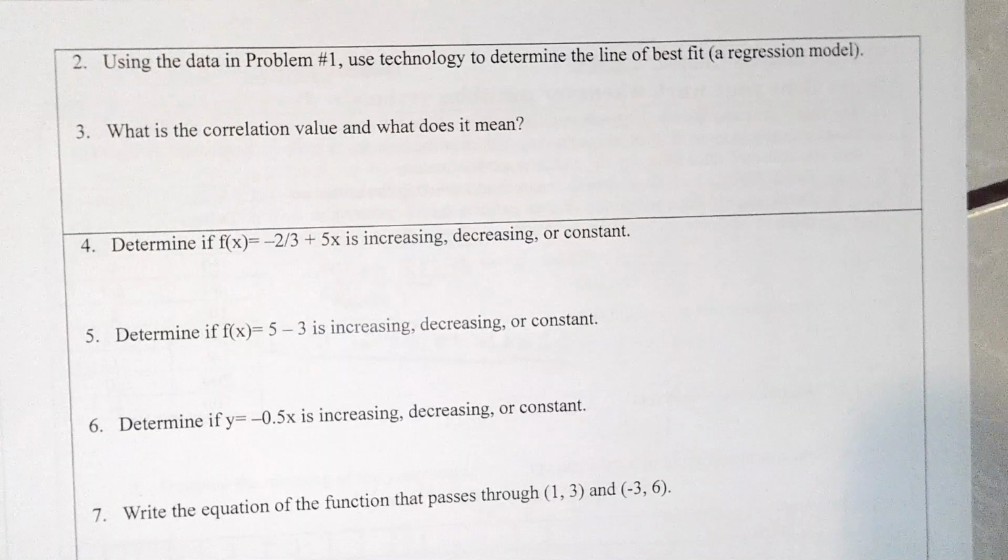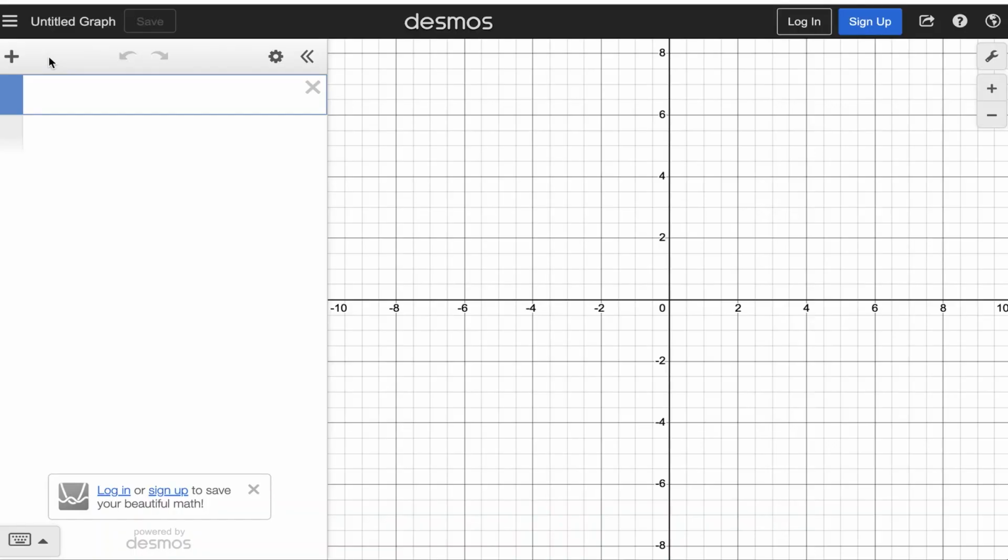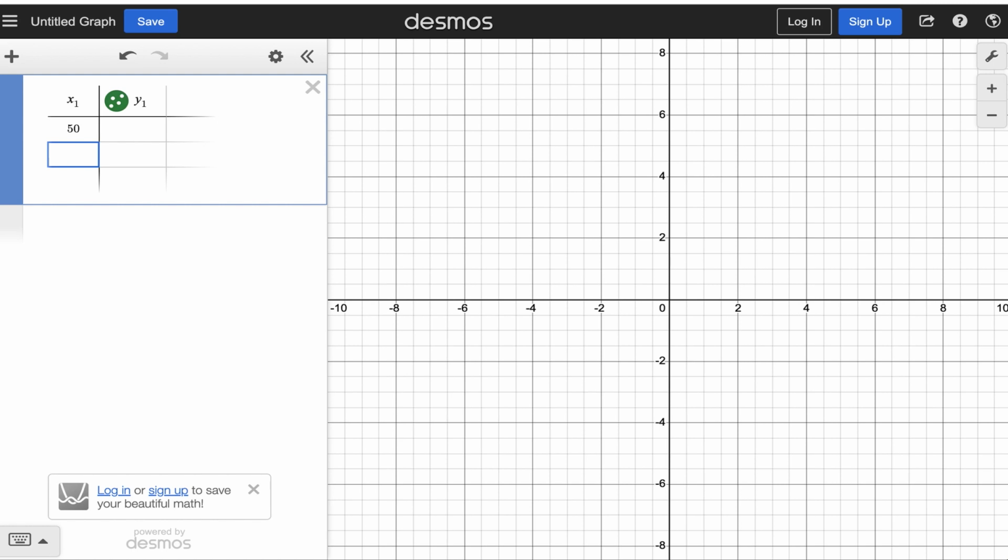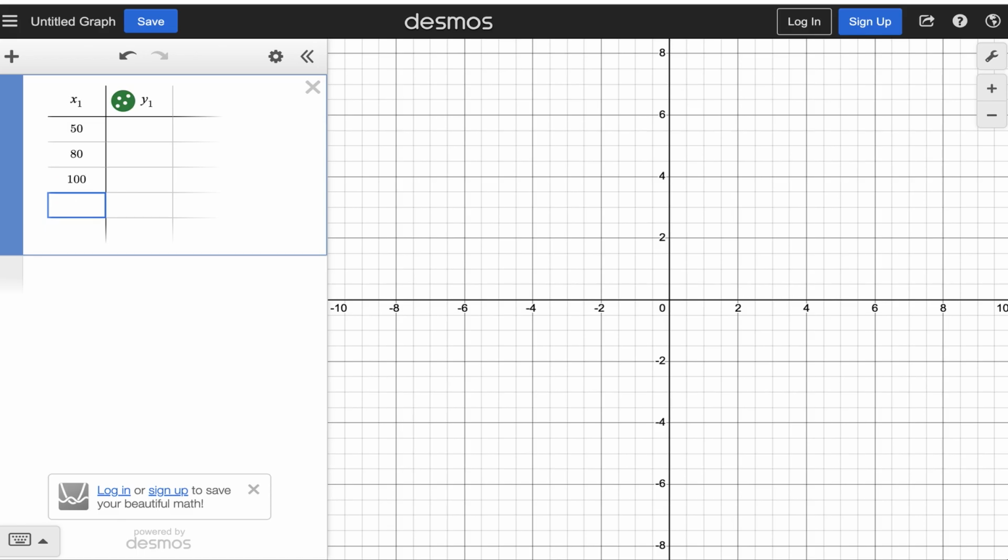Now, number two, I need to do on Desmos. So I'm going to pause this one here, and I'll have to make another video doing a screenshot. Number two. And so I have to pull down a table and enter my data. You won't be able to see the paper now, but the data is 50, 80, 100, 120, 140, 200, and 300.